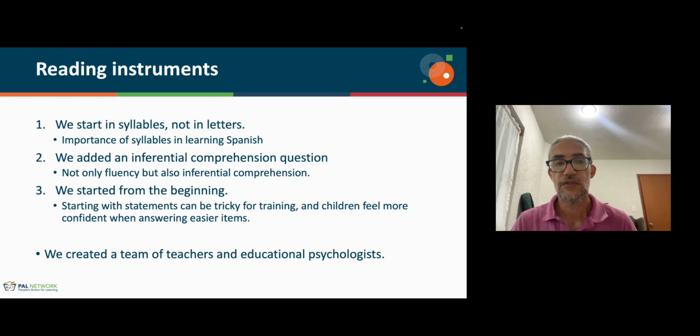The third decision was to start from the beginning. Other citizen-led assessments start with the statement and then move forward or back according to the child's level. We start with syllables, then words, then statements, and then the story.